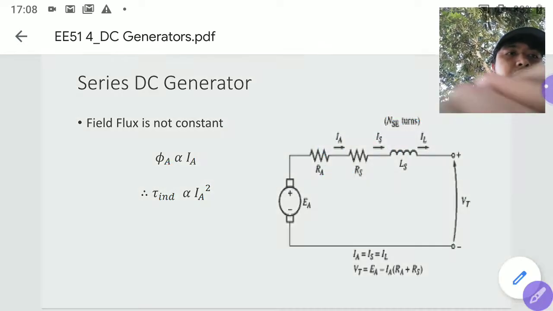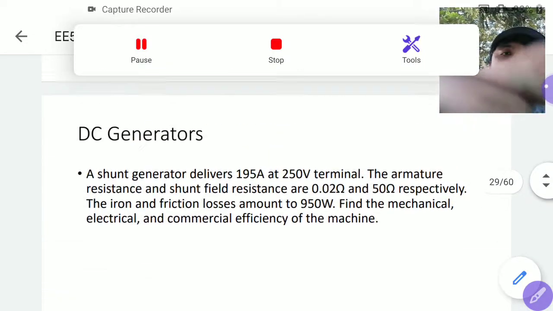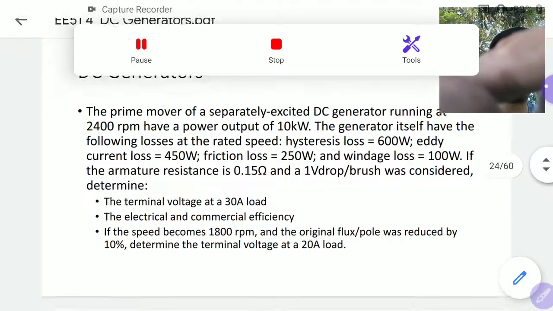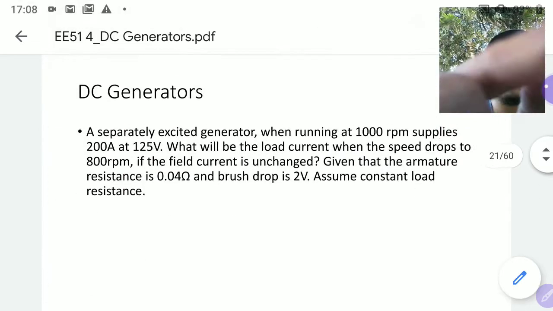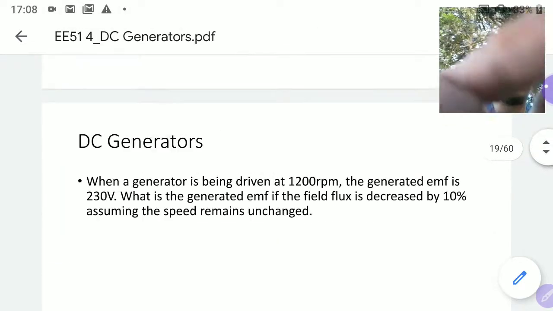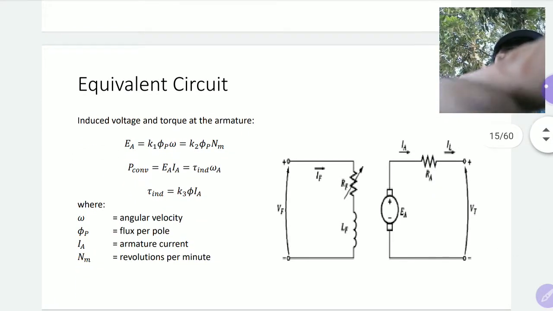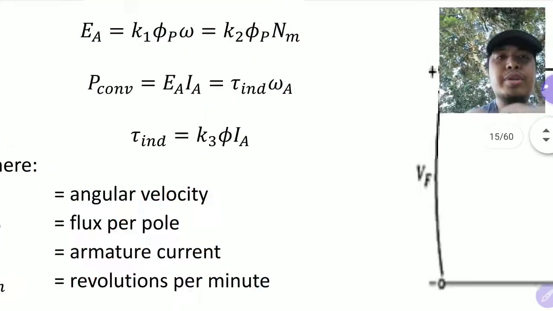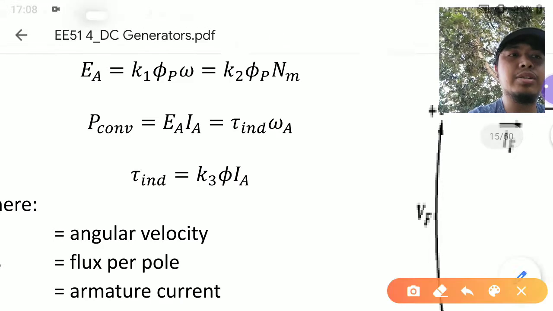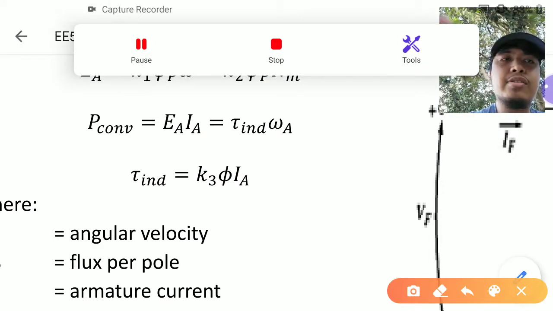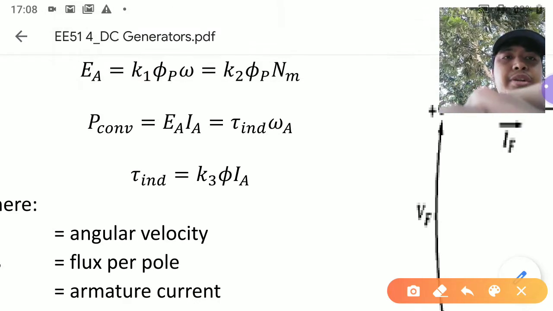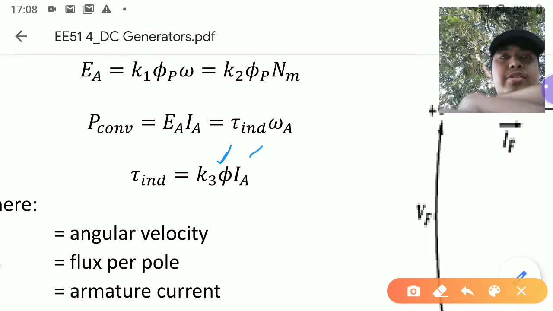So the idea of this is that your torque induced is directly proportional to your armature current and magnetic flux at the magnetic field.